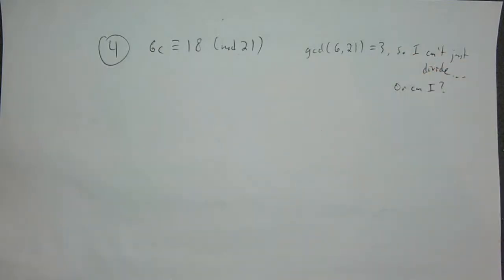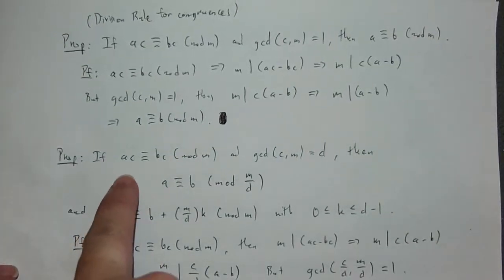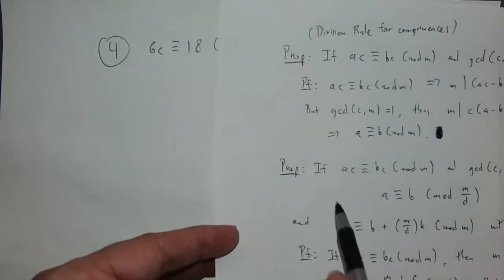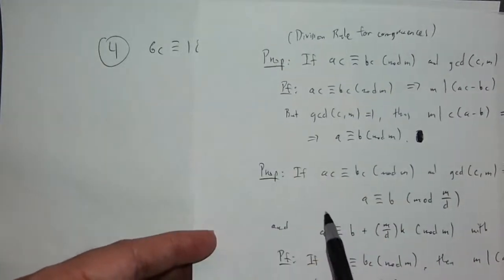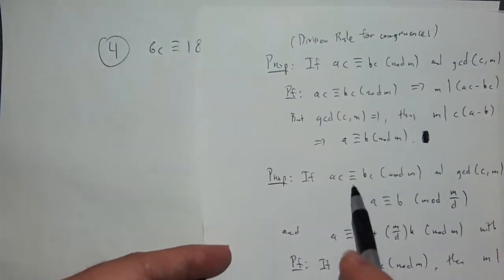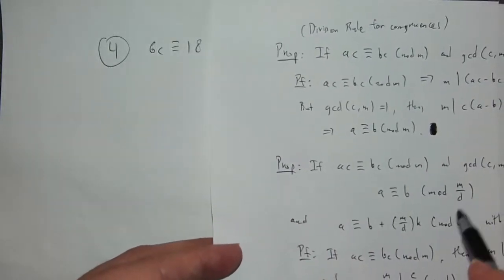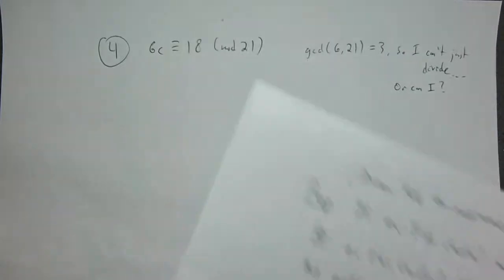So I am still going to get a is congruent to b mod, maybe I'll put that proposition back. So here, if a times c is congruent to b times c, in this case c is 6. And if I want to divide by 6, I need to divide my modulus by d, where d is the GCD of 6 and m.